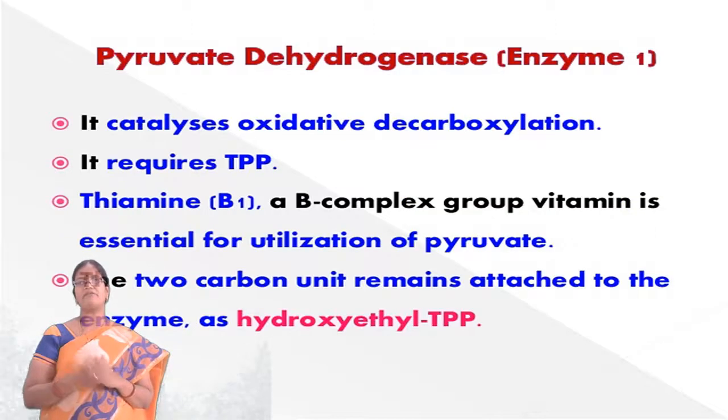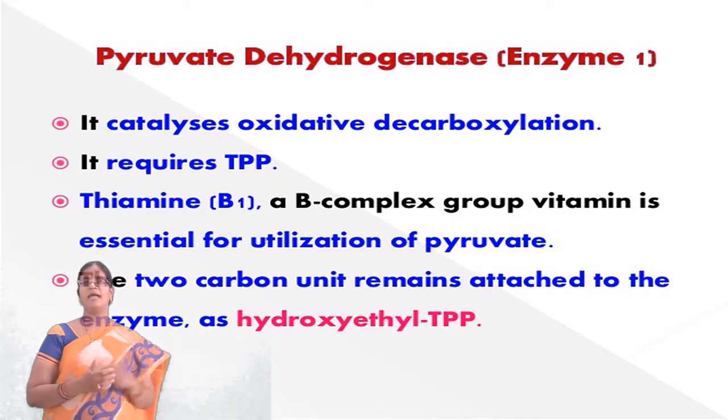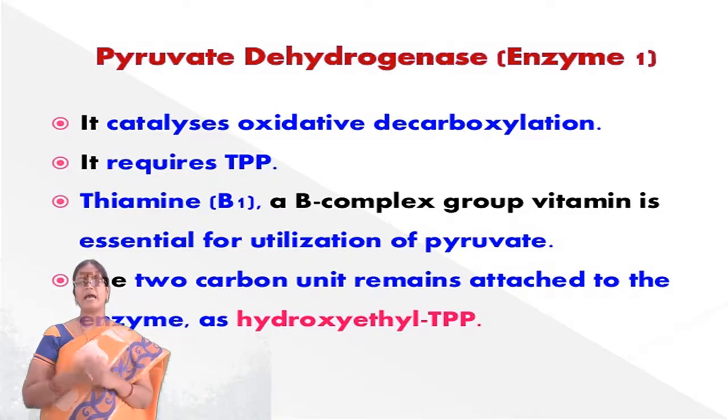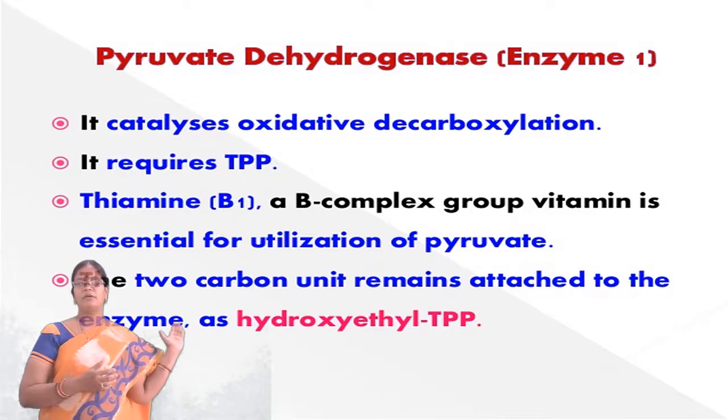Now we will see the functions of enzyme 1, that is pyruvate dehydrogenase. This enzyme catalyzes oxidative decarboxylation of pyruvate. For the action of this enzyme, it requires TPP as cofactor. TPP is nothing but thiamine, vitamin B1.